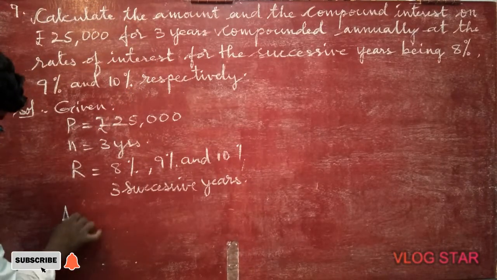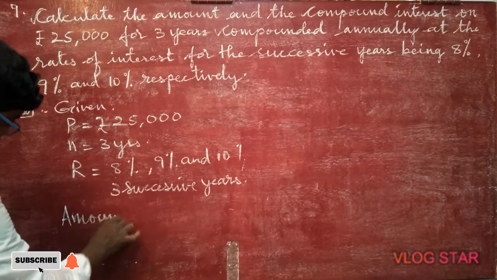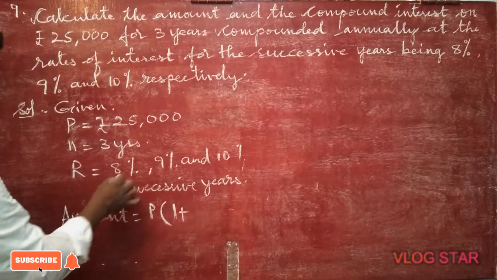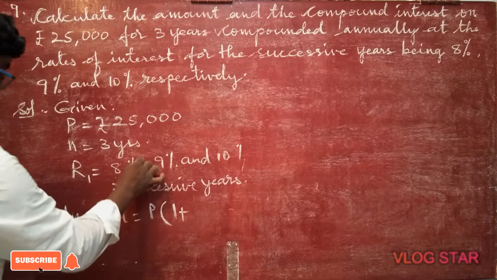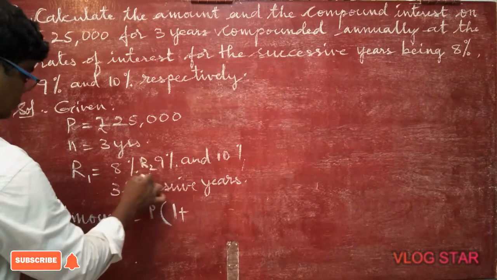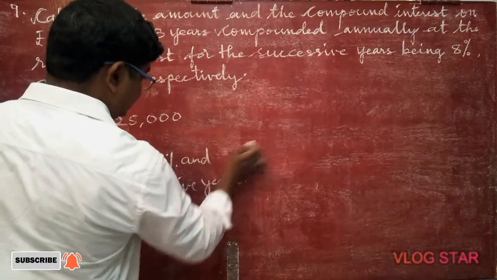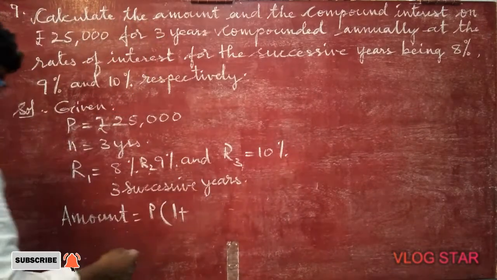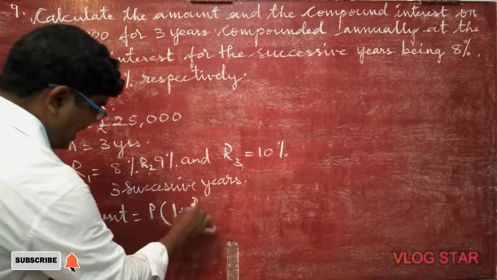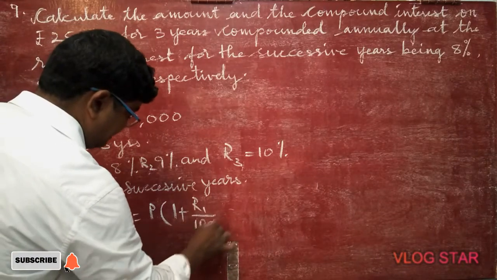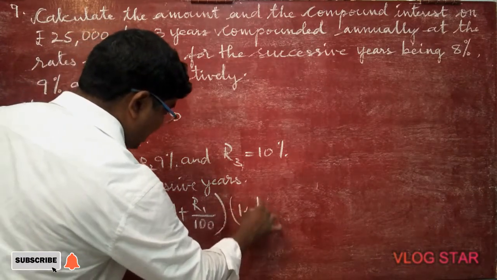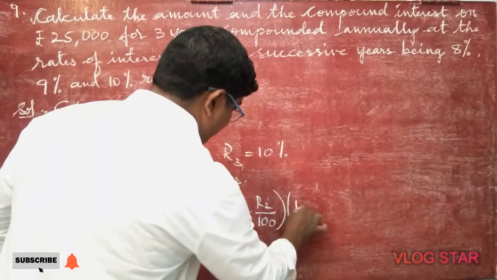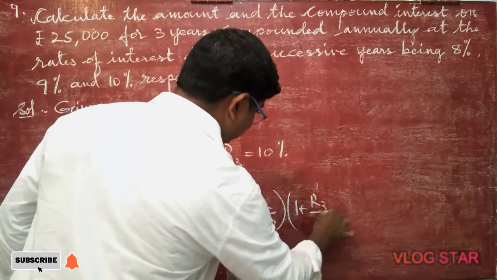Then what is the formula for amount? Means how to find amount. P into 1 plus R1 by 100 into 1 plus R2 by 100 into 1 plus R3 by 100, because 3 rates here.